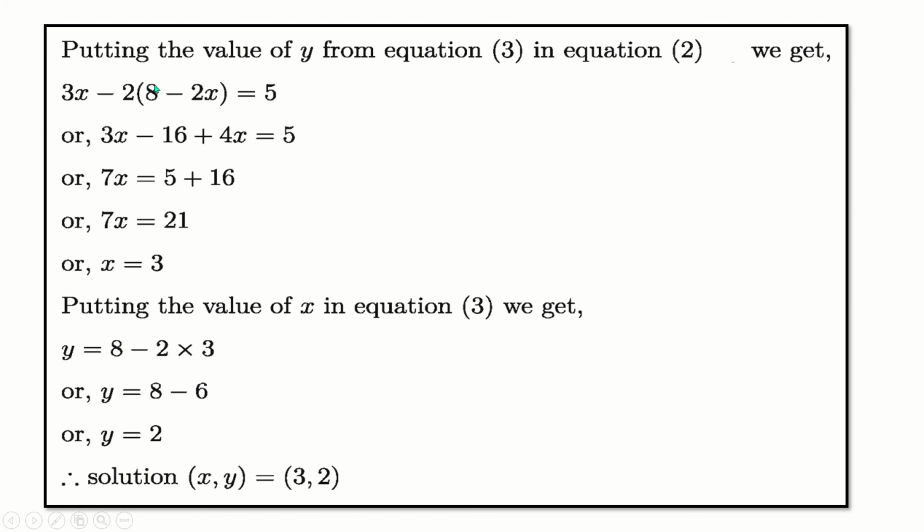Now calculate: here 16, here plus 4x, 7x on the left side and the right side will be 21. Therefore x is equal to 3. Now putting x equal to 3 in equation 3, y equal to 8 minus 2x, as x is equal to 3, so it will be 8 minus 6, therefore y is equal to 2. This is the required solution.